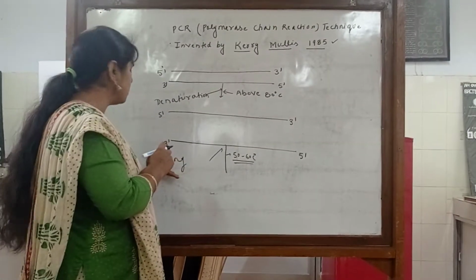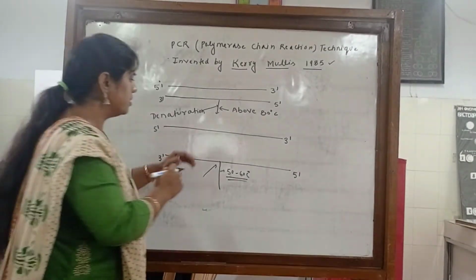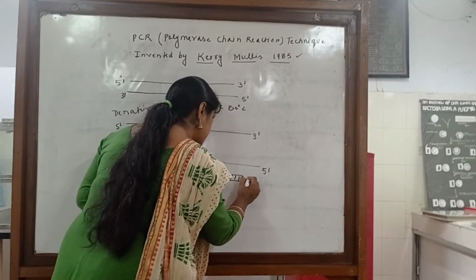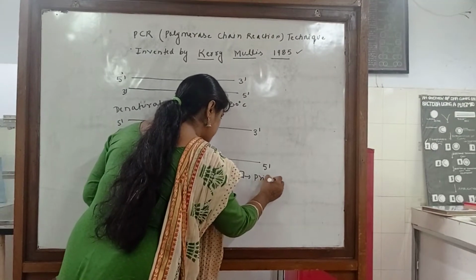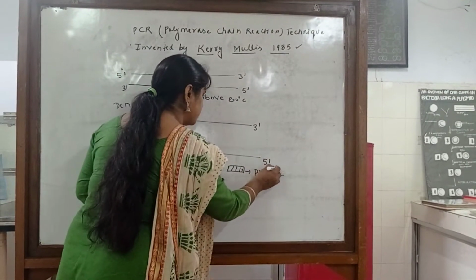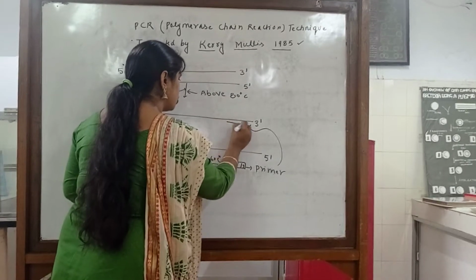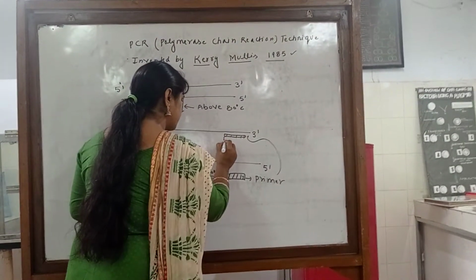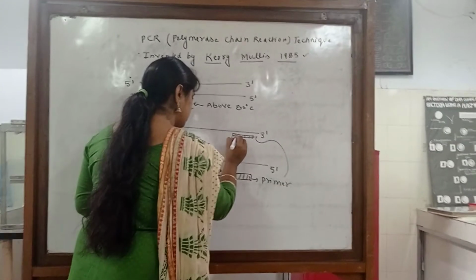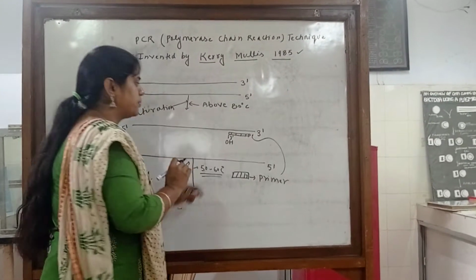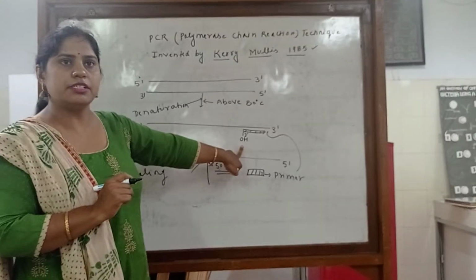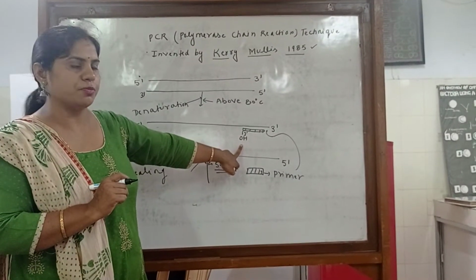So what is the meaning of annealing? Binding of primer. These are the primers, binding with the complementary strand. What is the function of primer? Primer has a free 3'OH group, so it initiates the DNA replication process.